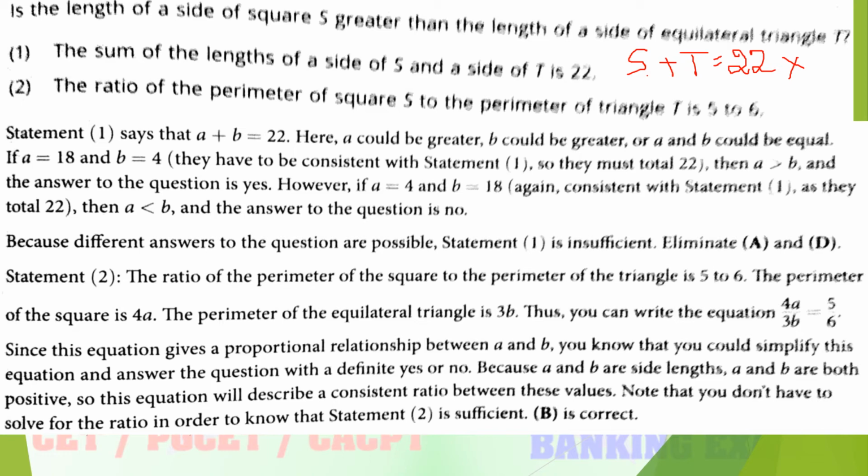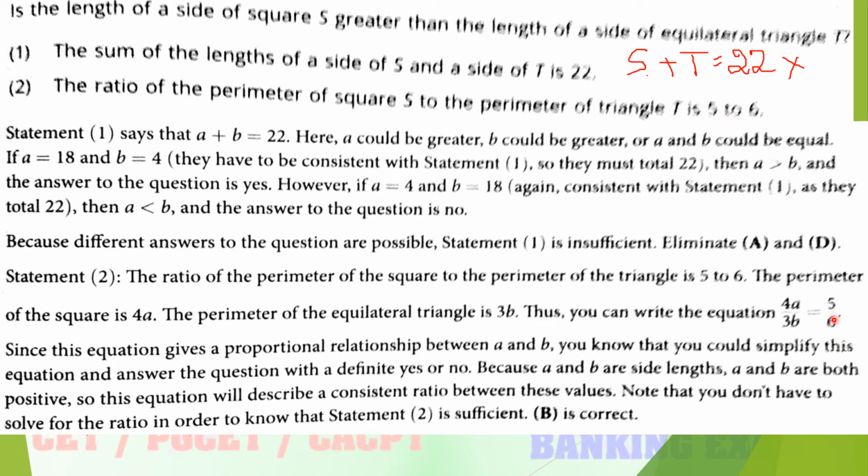The second statement tells what? The perimeter is nothing but the number of sides times the side length. For the square it is 4a, and for the triangle 3b, where a is S and b is T. So 4a divided by 3b is equal to, as the relationship is mentioned, 5 divided by 6.